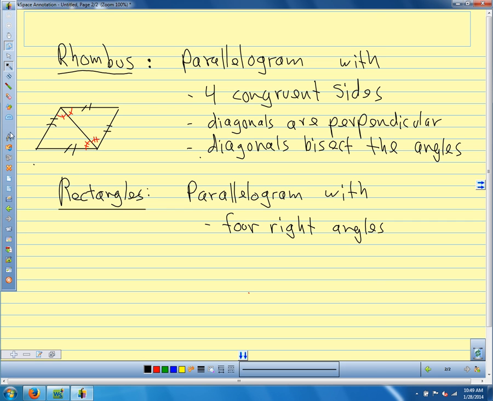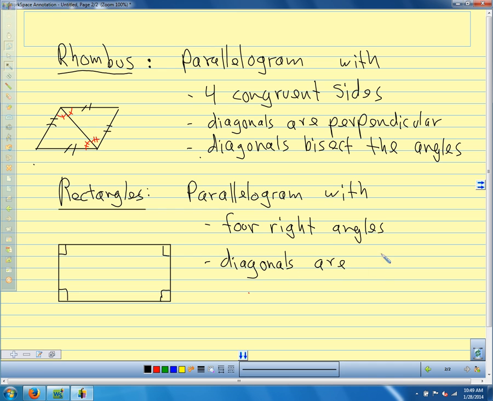So if we add that to our picture of our rectangle, all of these angles would be 90 degrees. Everything that's true about a parallelogram is true about a rectangle, but a rectangle has 4 right angles. Also with a rectangle, the diagonals are congruent.